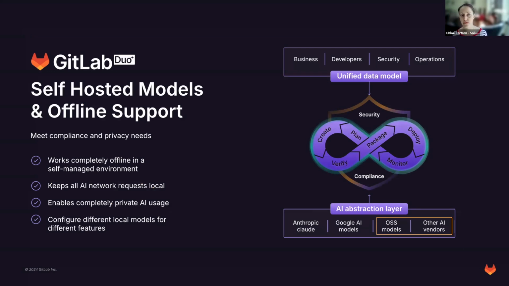So GitLab Duo, this is the name of the umbrella for all of the artificial intelligence solutions at GitLab, which is now available self-hosted. So that means you can use models within your own environments that you control with a self-hosted GitLab instance and connect those models to your instance to leverage all of the AI functionalities within GitLab in this secure environment.